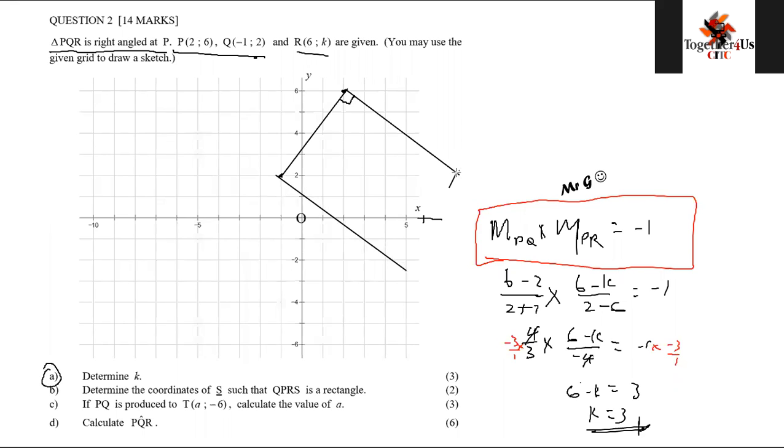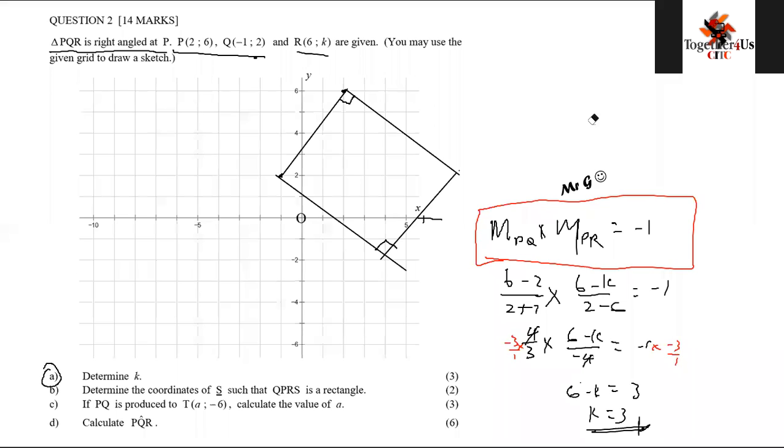But guys, I want to challenge you and say, remember that a square is also a rectangle. And I have given you that video where I went through classification of quadrilaterals. It's fine if you did not see that. But even if you were to find the coordinates of S, you know that adjacent sides of a rectangle are at 90 degrees.